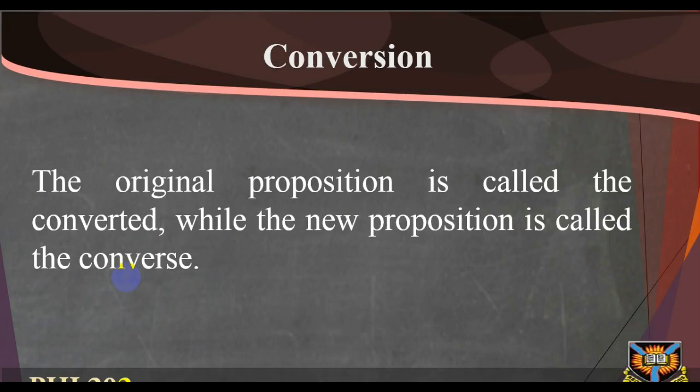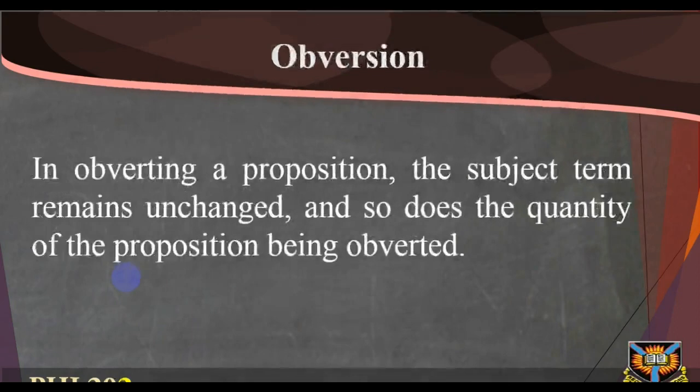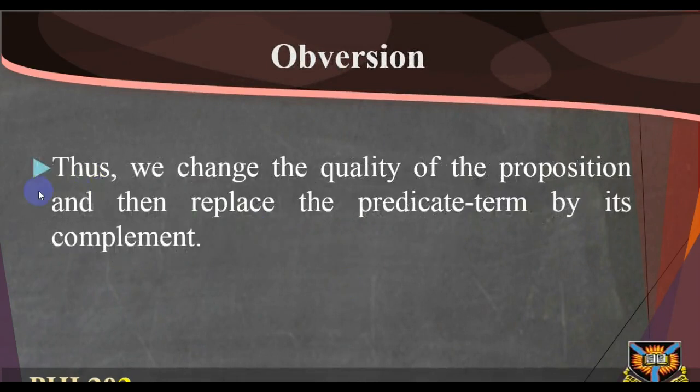Obversion. In obverting a proposition, the subject term remains unchanged, and so does the quantity of the proposition being obverted. In obverting a proposition, we change the quality of the proposition and then replace the predicate term by its complement.